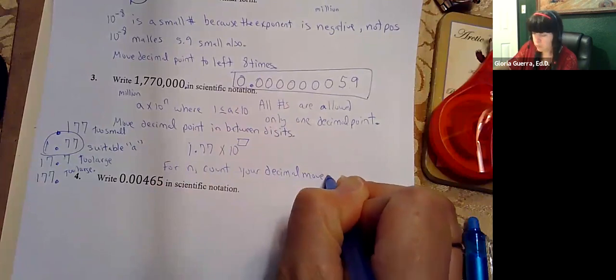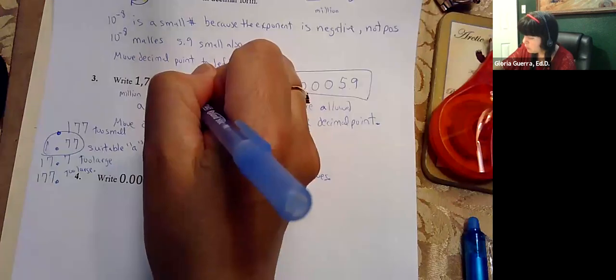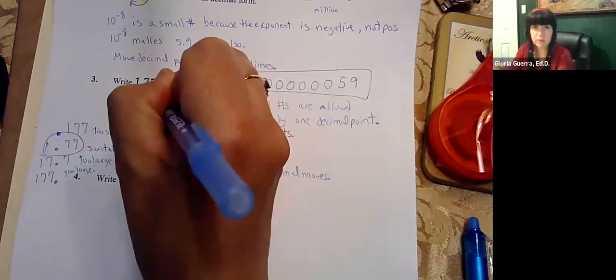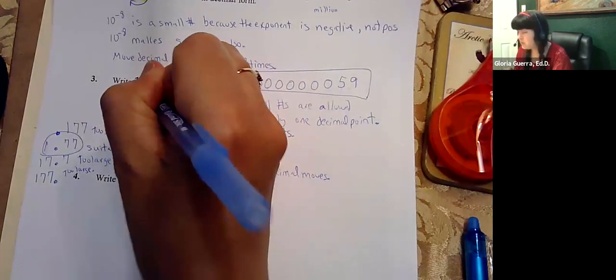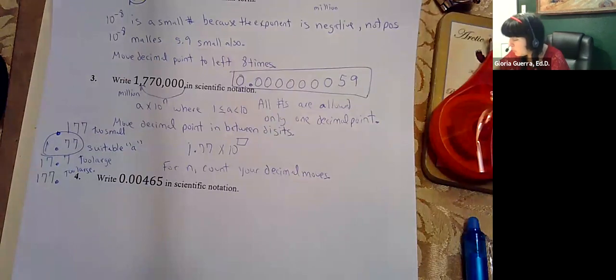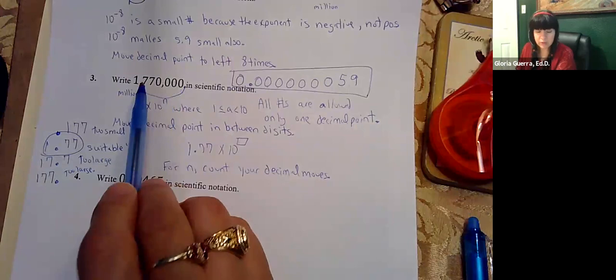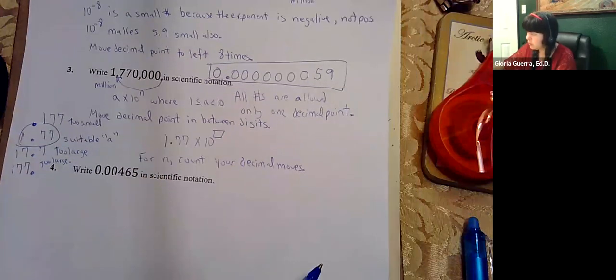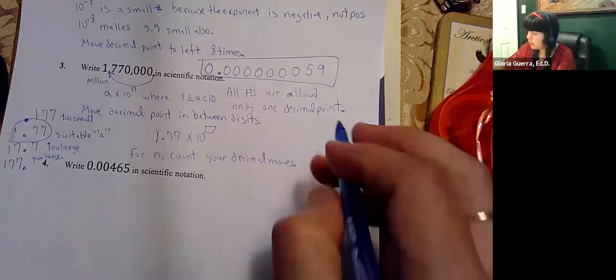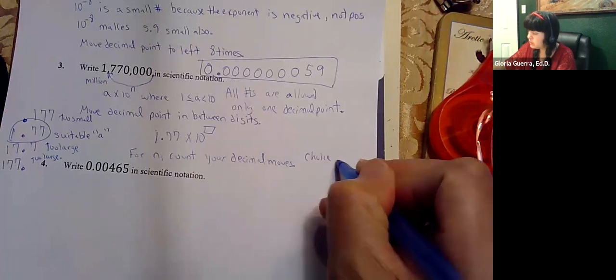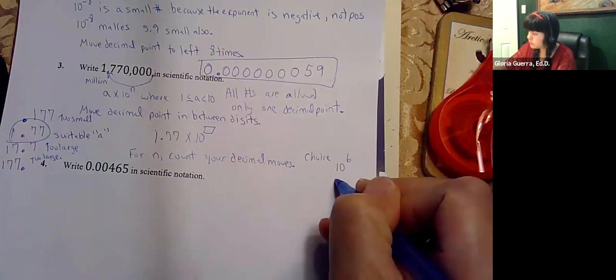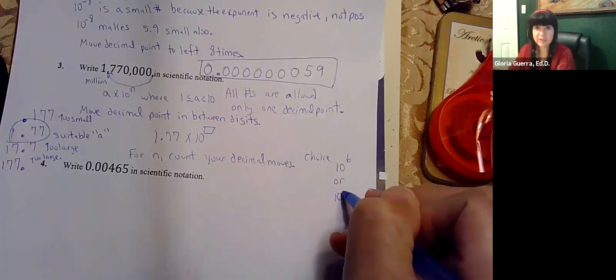Okay, so how did we move? We moved from here all the way. We said we were going to go right there in between the 1 and 7. Well, how many moves is that? 1, 2, 3, 4, 5, 6. It's 6 moves. Okay, so now your choices are, do you go with 10 to the 6, or do you go with 10 to the -6?